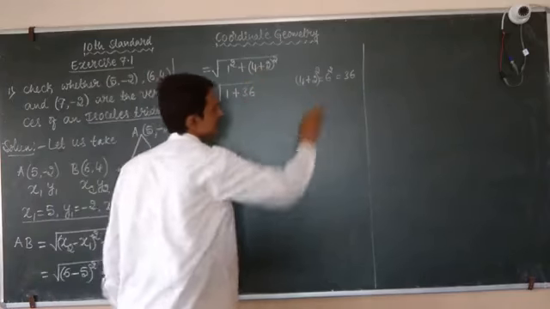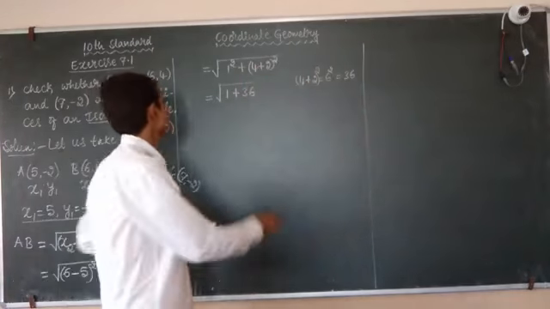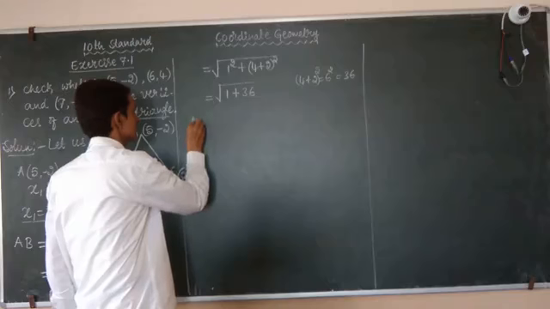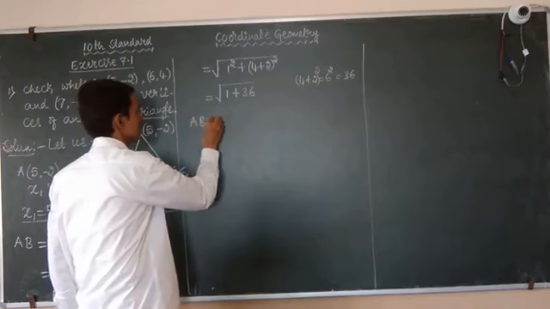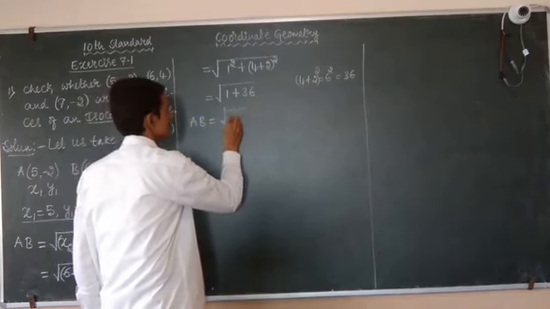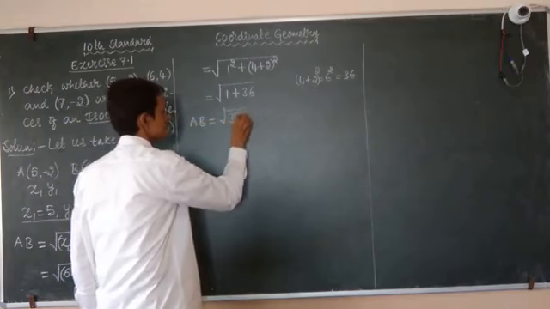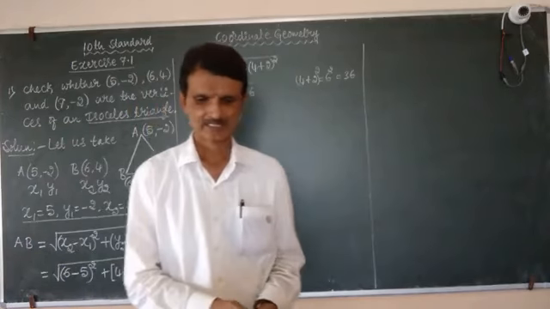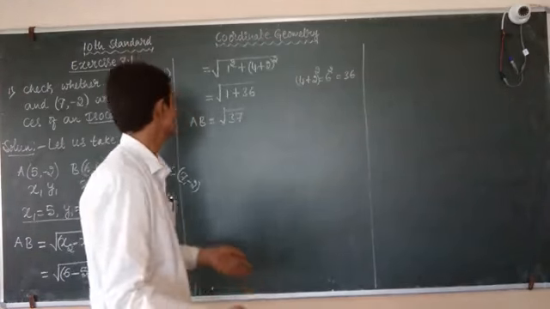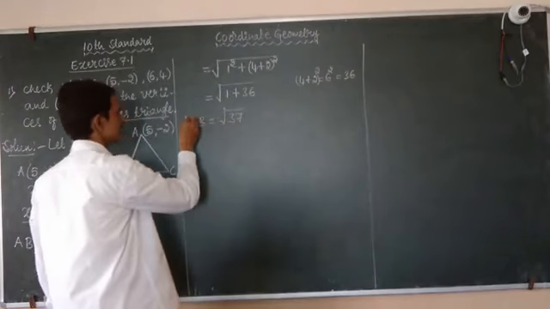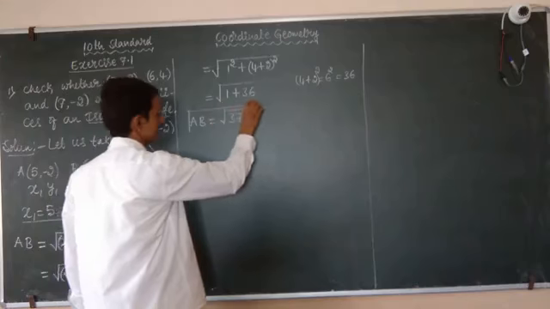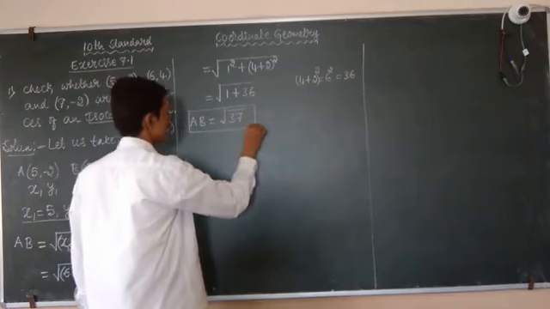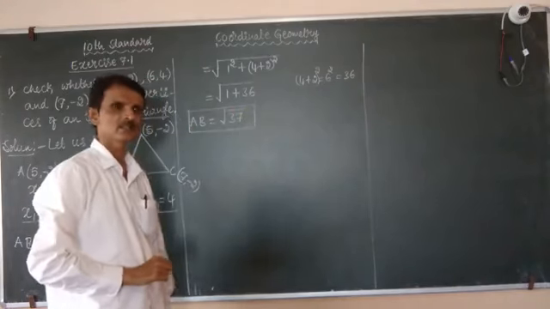Now therefore the length of AB equals root 37. The length of AB is root 37. So root 37, it is not a perfect square. So we got the value of AB.